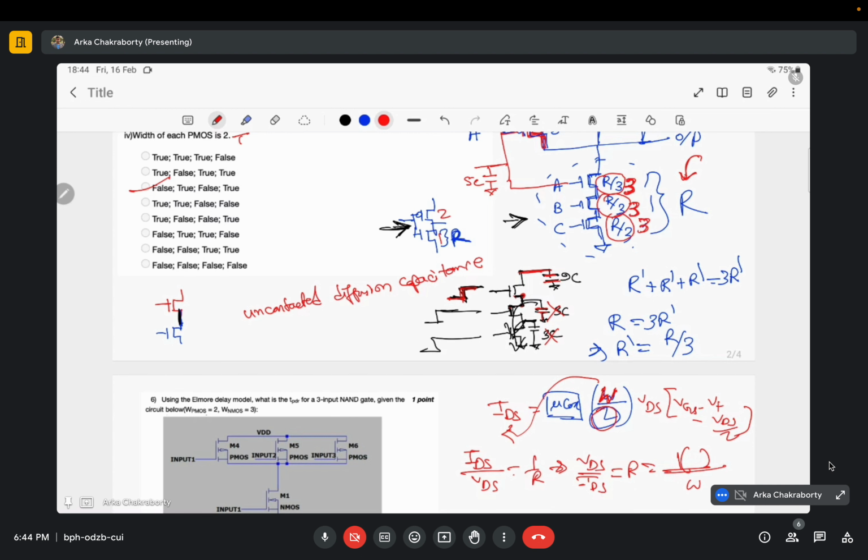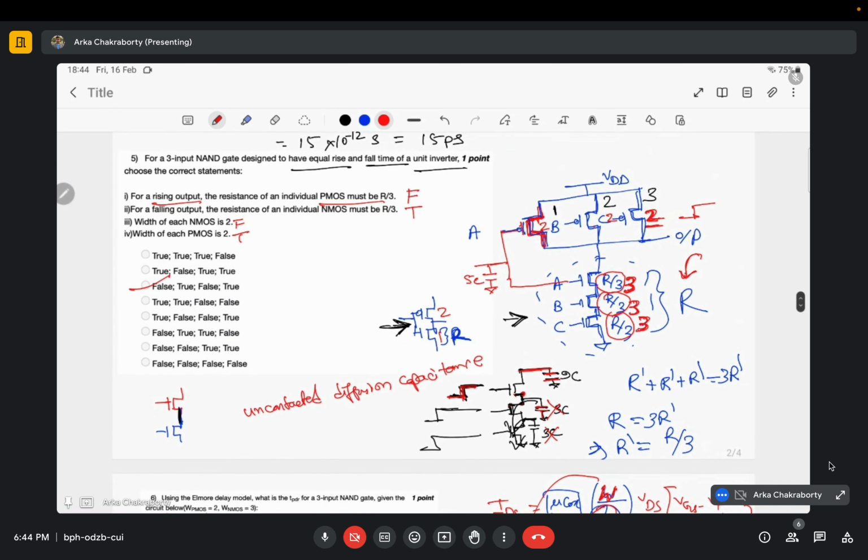And this is how we size a given circuit while ensuring minimum delay, or the delay of a unit inverter. Now regarding these PMOS stacks, as these resistances are in parallel configuration, not in series, it is not going to increase my resistance. If all the 3 transistors are on, it would only reduce the resistance.